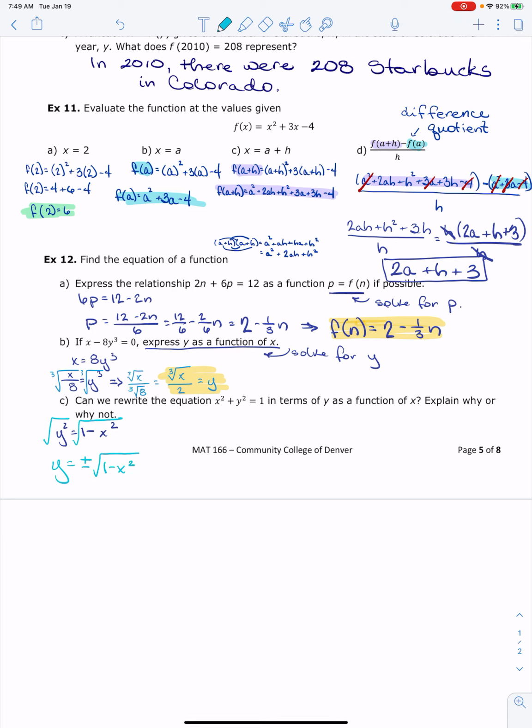So as I simplify, I need to remember that my right side has to have a plus or minus, which means y equals the positive square root of 1 minus x squared. Y equals the negative square root of 1 minus x squared.